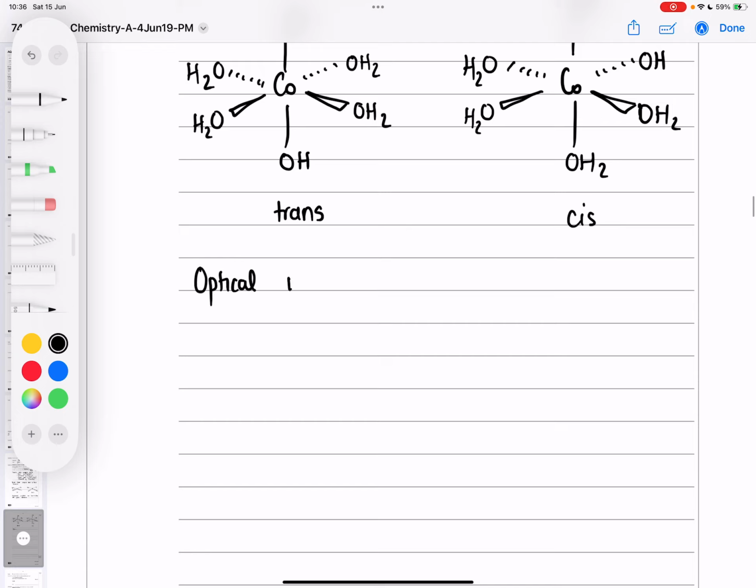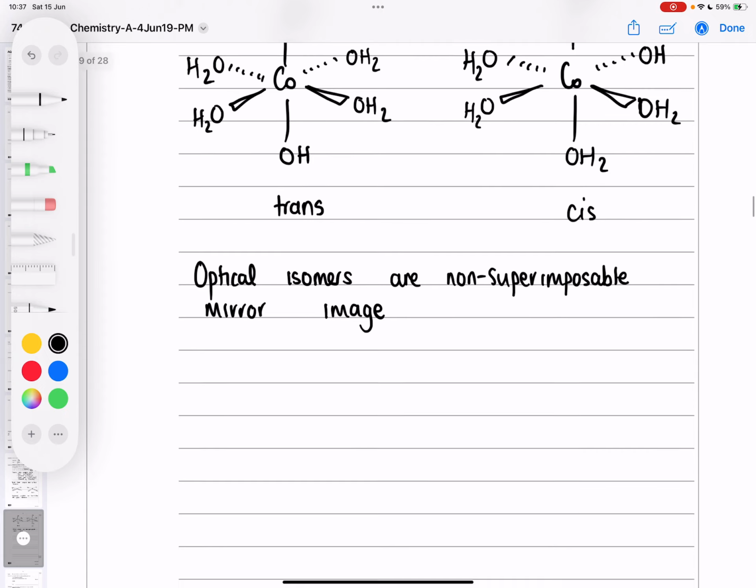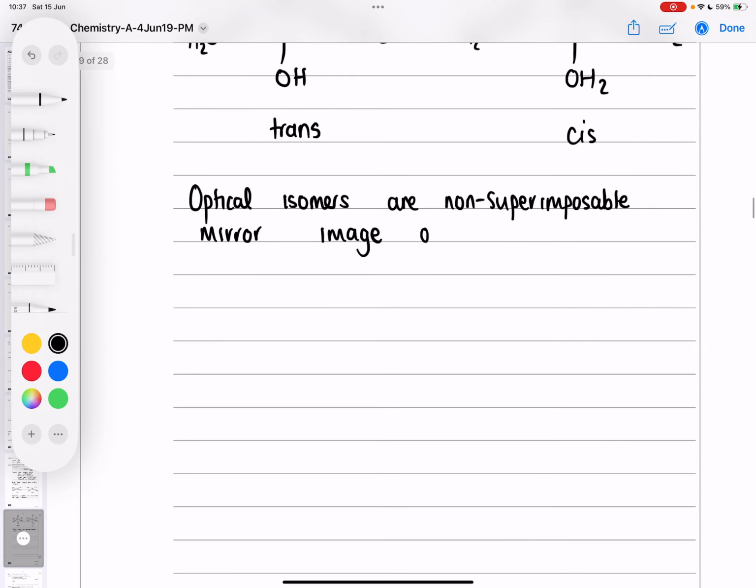Optical isomers are non-superimposable mirror image isomers. And that happens when you use a bidentate ligand. So I need to pick a complex with a bidentate ligand. It doesn't matter whether I pick the ethane-1,2-diamine or the ethanedioate ions.